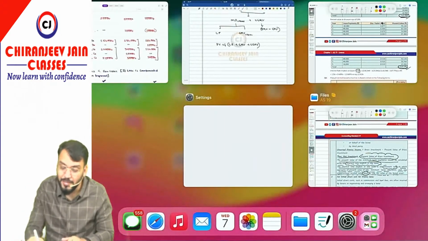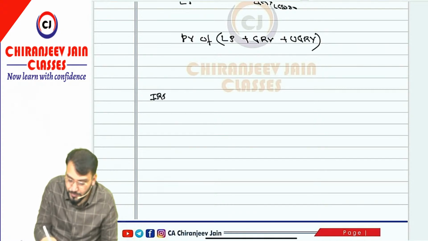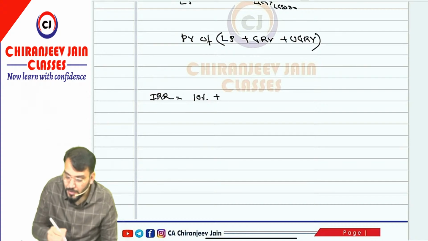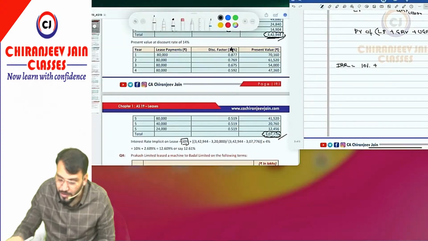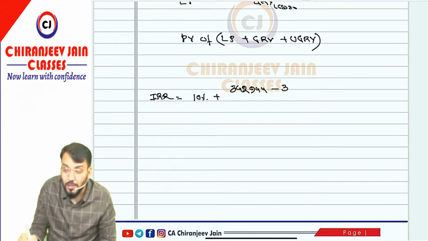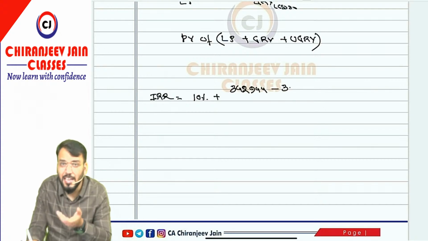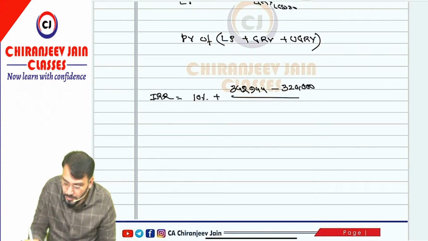If you remember that FM का IRR concept, the formula is what? IRR is equal to lower rate of interest 10%, then present value at lower rate of interest, that is 3,42,944 minus the desired amount, desired fair value, that is 3,20,000, divided by 3,42,944.